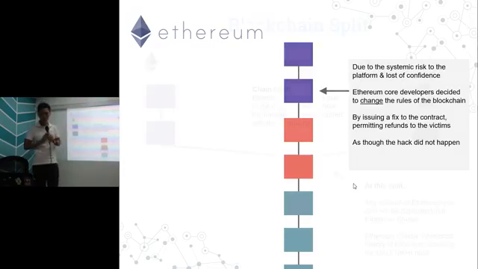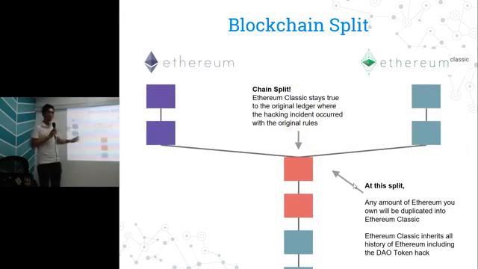Obviously this is going to be a problem because blockchain is supposed to be immutable, if we talked about it earlier. And the fact that the blockchain just changed means that some part of the community is not happy with the fact that there is someone who can make a change like that.